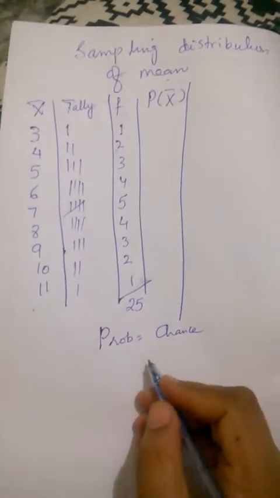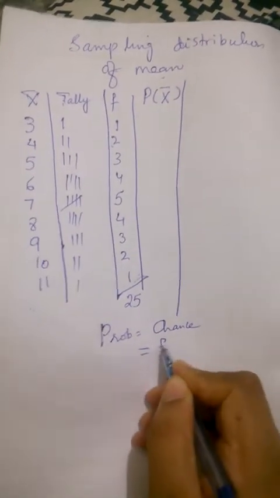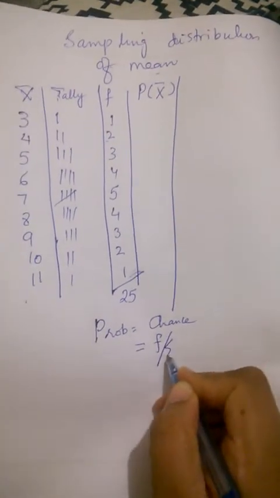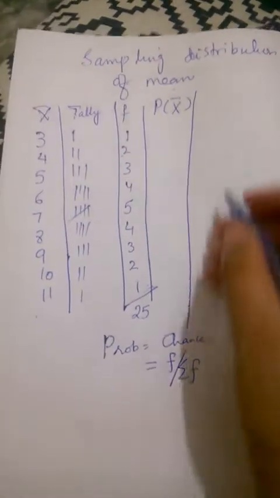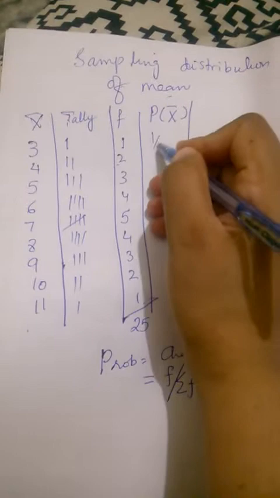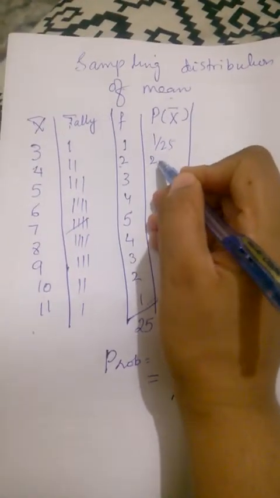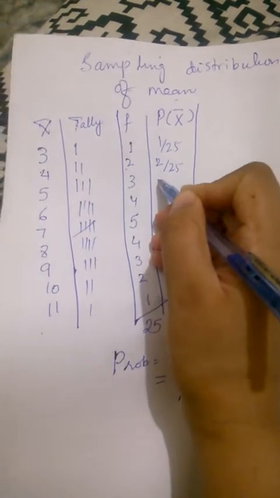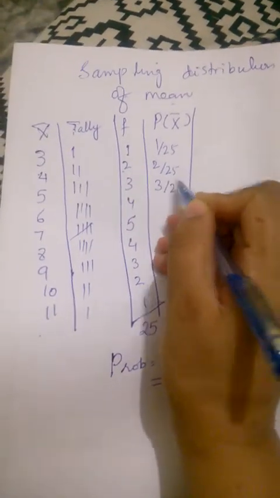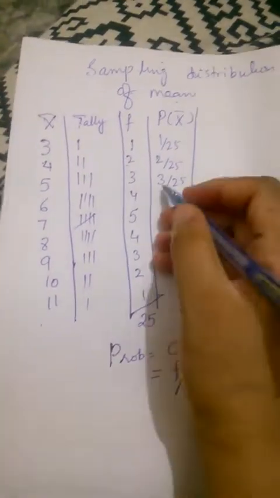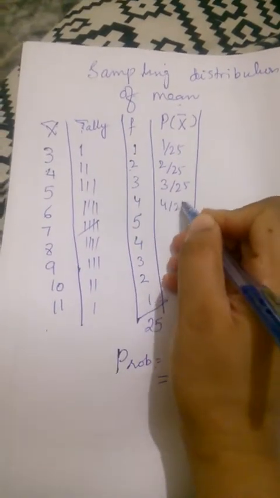So to find the probability, you have to divide individual frequency by the total frequency. How? 1 over 25. Chance of appearance of 3 is 1 over 25. Then 2 over 25, then 3 over 25. Just हमने frequency को total frequency पे divide कर दिया.